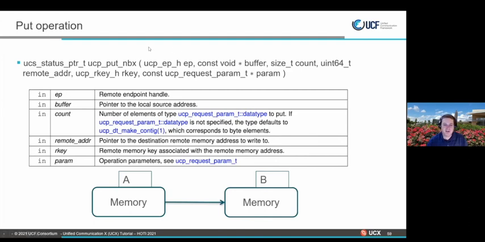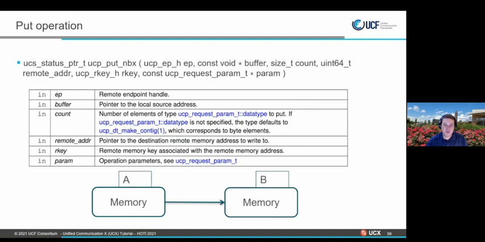Here you're taking an endpoint as an input. You're taking a pointer to a local buffer, so you'll notice this is a raw pointer, specifying that there's some count or length. There is a remote memory address. Remember, we have that associated with the worker.